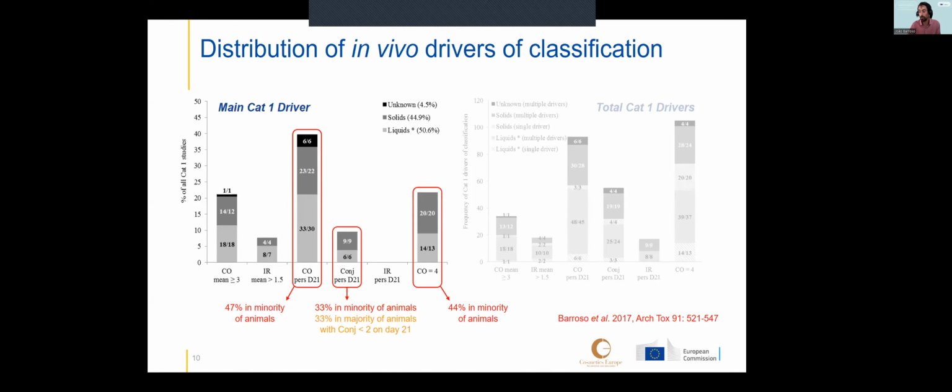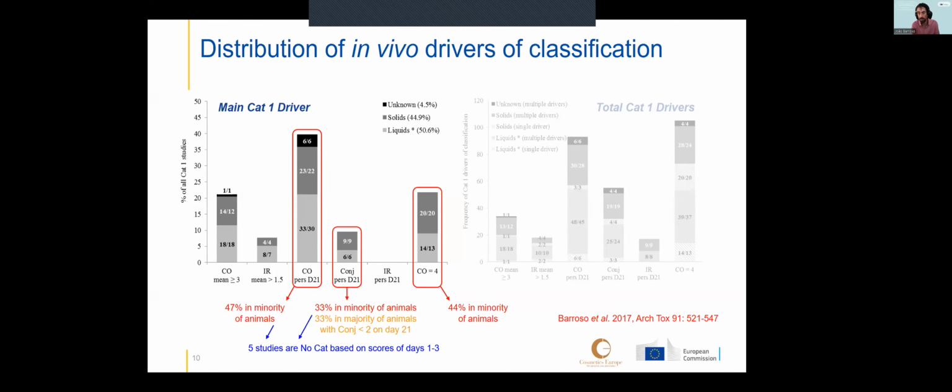And for CO equal to 4, also 44% in the minority of the animals. And also, even within the CO and conjunctival persistent groups, 5 studies even showed no irritation based on scores of days 1 to 3, which indicates that there is some sort of delayed effects that are driving the classification.